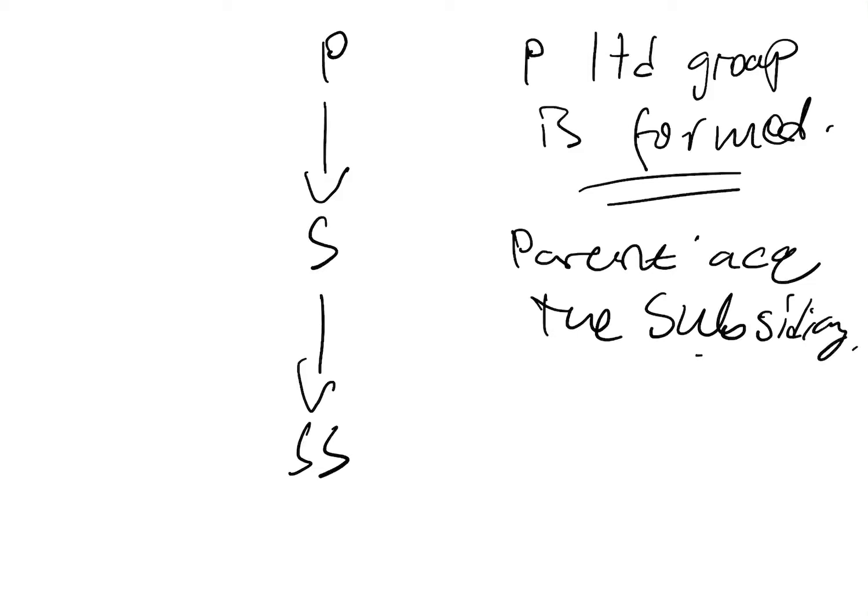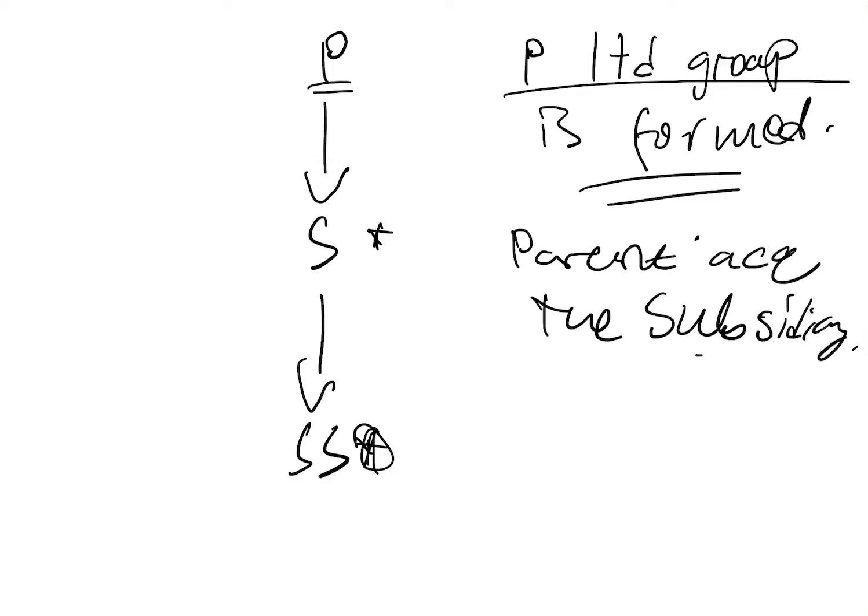Now the contract between the subsidiary and the sub-subsidiary is something else when we are looking at consolidation, because when we are preparing the financial statements of the P Limited group, we are looking at when P acquired S Limited. Are we together? So the group is formed when the parent acquires the subsidiary.